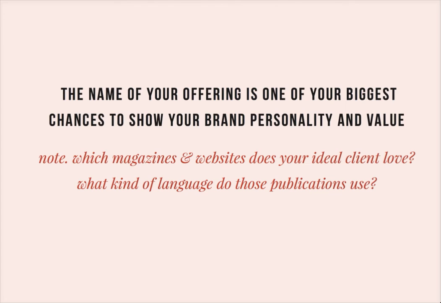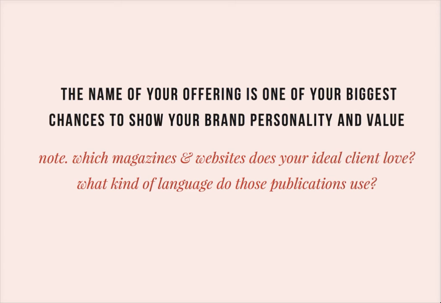So let's sum up everything we've learned today. We've learned to make sure we're solving a problem for our ideal client and providing those solutions in design offerings to them. And we have come up with the fact that we need a basic, an intermediate, and a luxe package. And we do not discount, instead we add value.